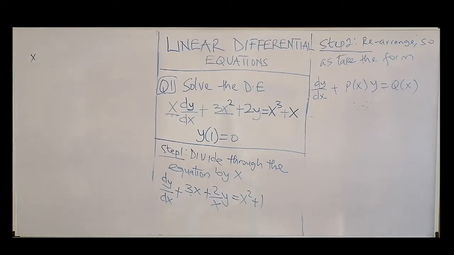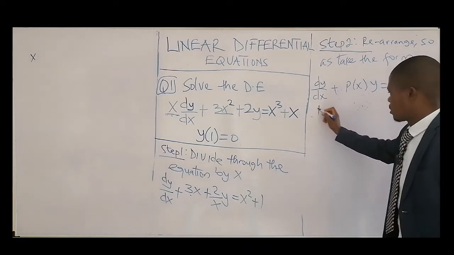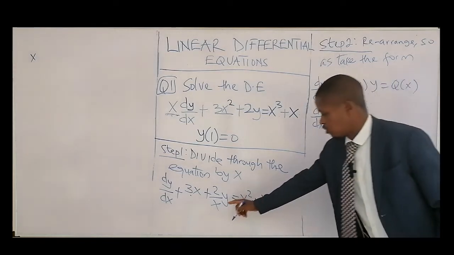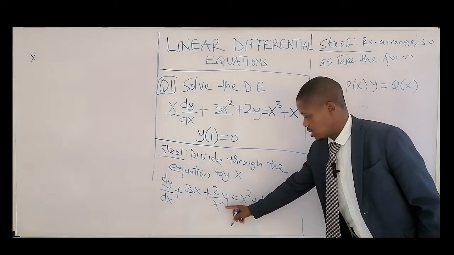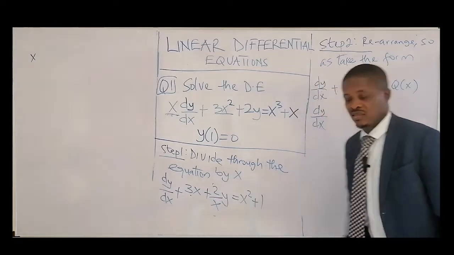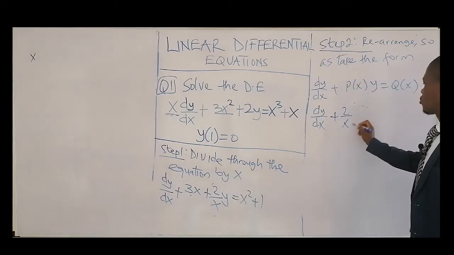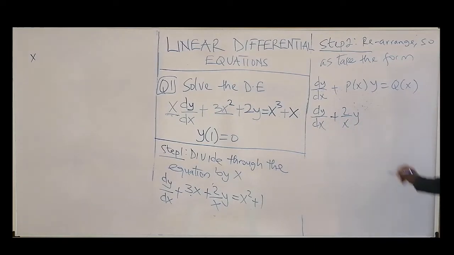So let's do that. If you arrange according to this standard form, that will be dy dx followed by y, and the coefficient of y is 2 over x, equal to the functions of x, taking all of them to one side.